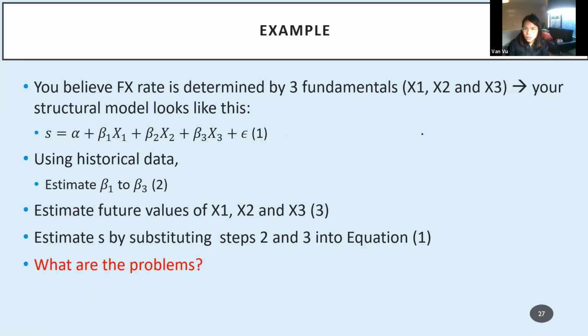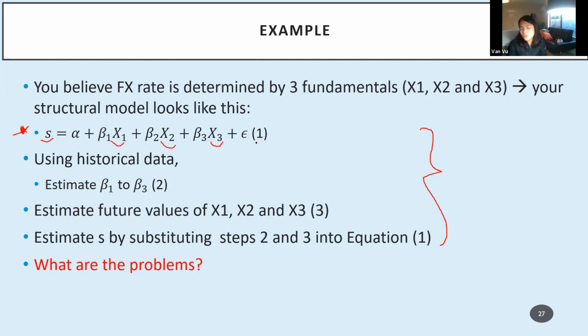If we look at these steps from an empirical point of view, there could be a few issues, right? Number one, how do I know that this is the correct relationship between S and x1, x2, x3, okay? In this case, I'm assuming that S has a linear relationship with my independent variables, okay? Now, what happens if it has a quadratic relationship with x1, for example?